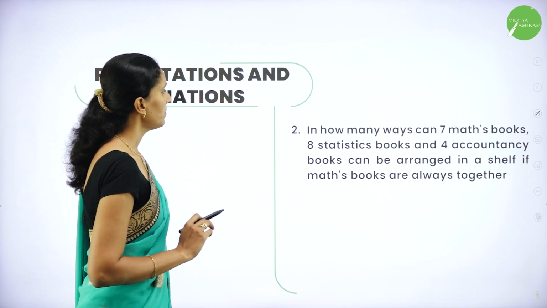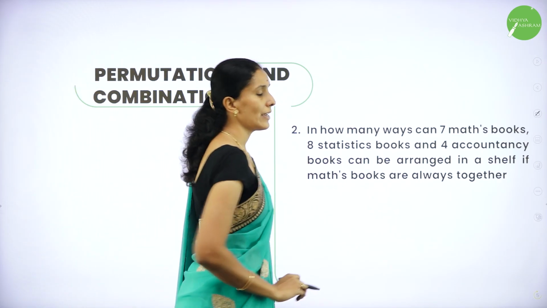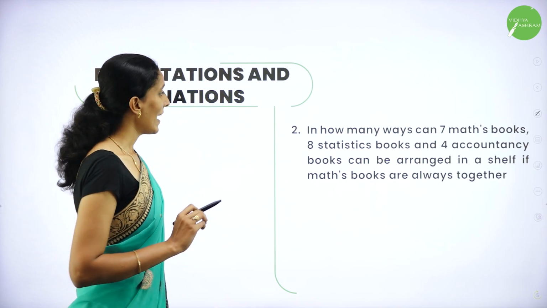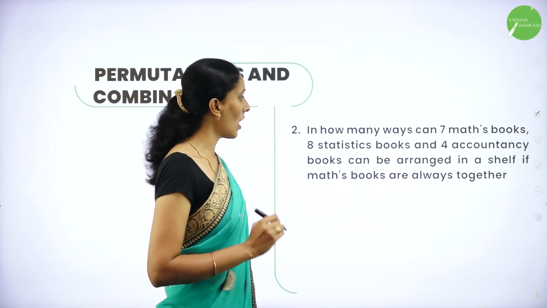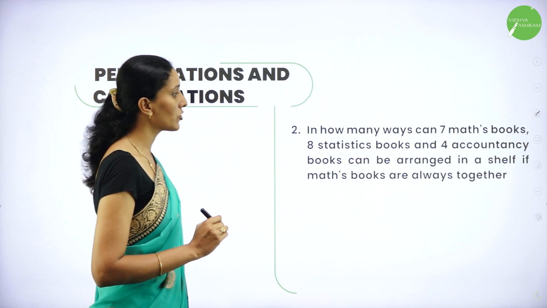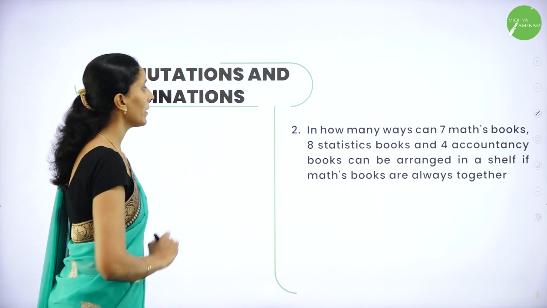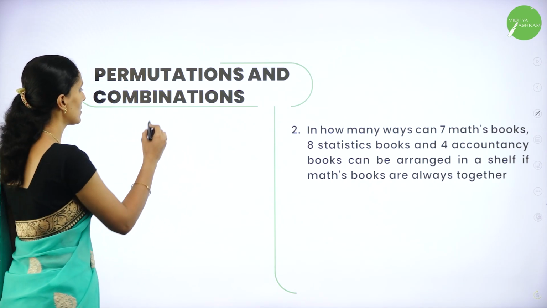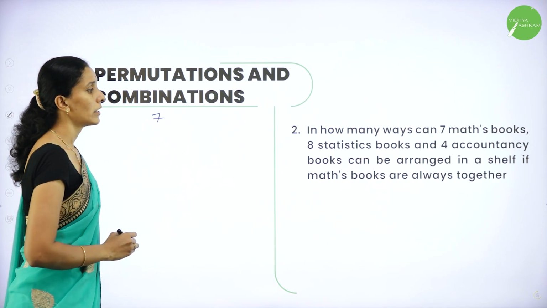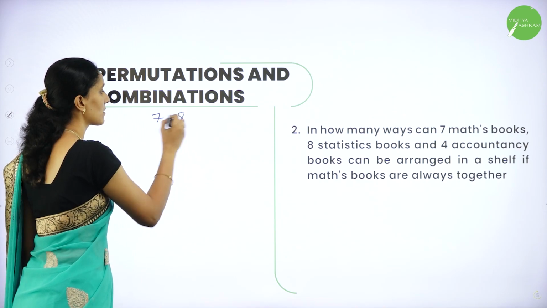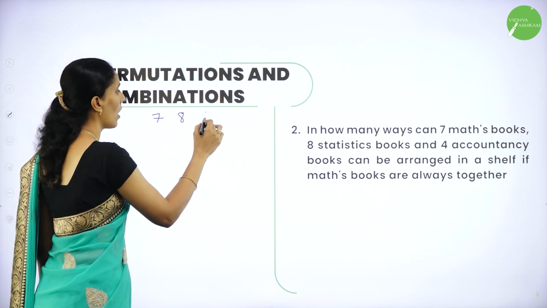So the next question: in how many ways can 7 maths books, 8 statistics books, and 4 accountancy books be arranged on a shelf if maths books are always together? So how many maths books do we have? We have 7 books, and 8 statistics books and 4 accountancy books.